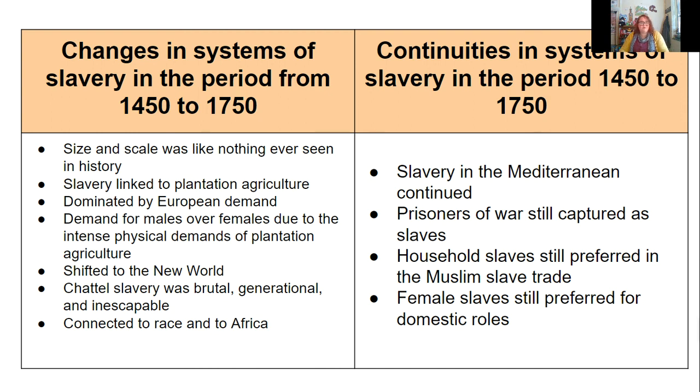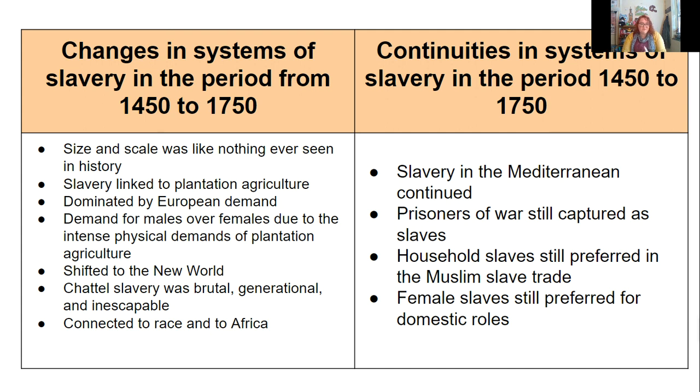So if you're really looking at listing out the changes and continuities in the systems of slavery throughout this time period, you start to see the size and scale was like nothing history had ever seen before. And it was due to this plantation agricultural system. It was all dominated by Europeans. The demand was higher for males over females because of the physical demands of plantation society.